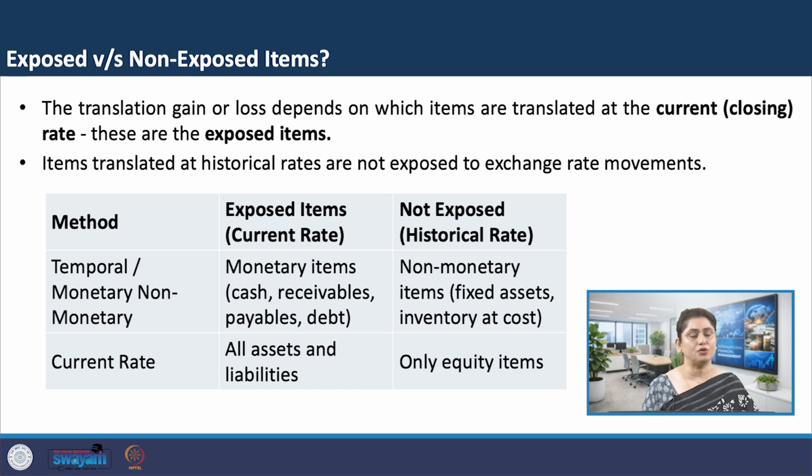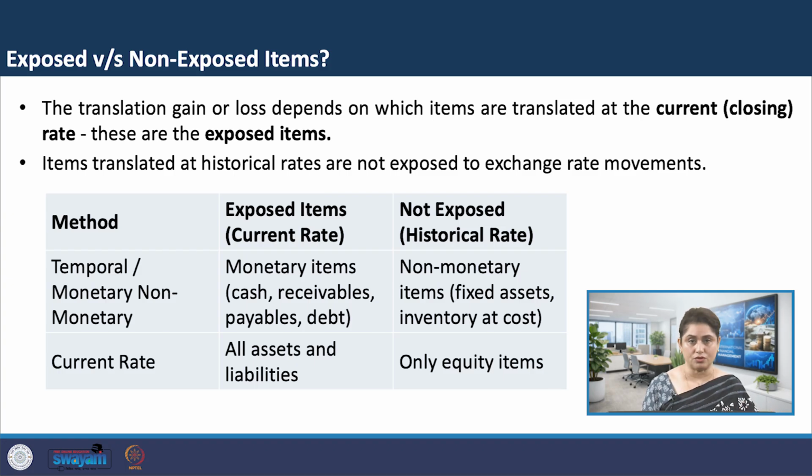So, under the temporal or monetary, non-monetary method, monetary items, that is, cash, receivables, payables, debt, are translated at the current rate and therefore they are exposed items. While non-monetary items like fixed assets, inventory or goodwill are translated at a historical rate and therefore they are not exposed. Under the current rate method, all assets and all liabilities are translated at the current closing rate.